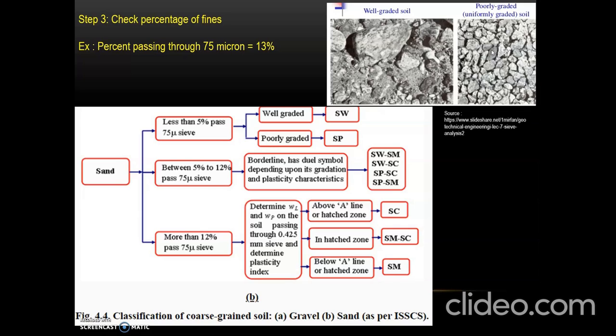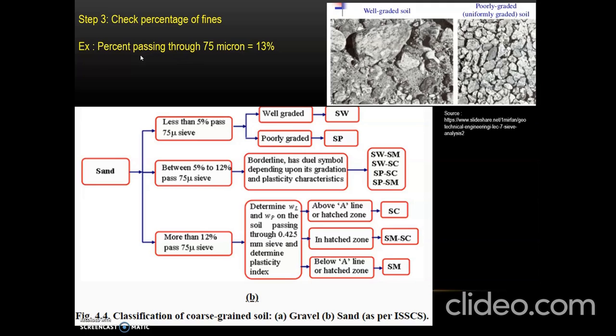So if the value of Cc does not fall within the range 1 to 3, or if the value of Cu is not greater than 4 or not greater than 6, then it is poorly graded. So then we say that the soil is poorly graded, that is poorly graded sand or poorly graded gravel.